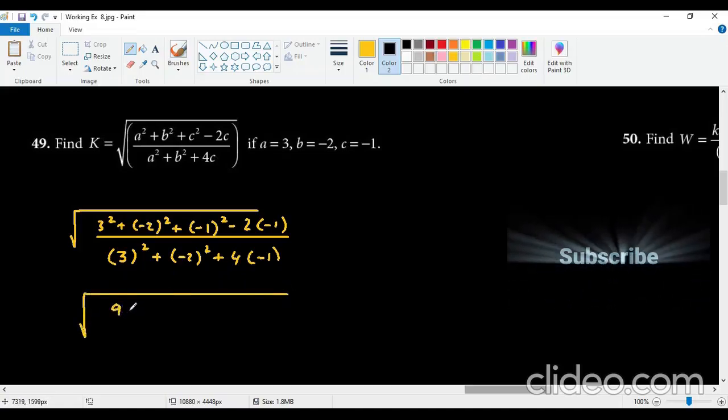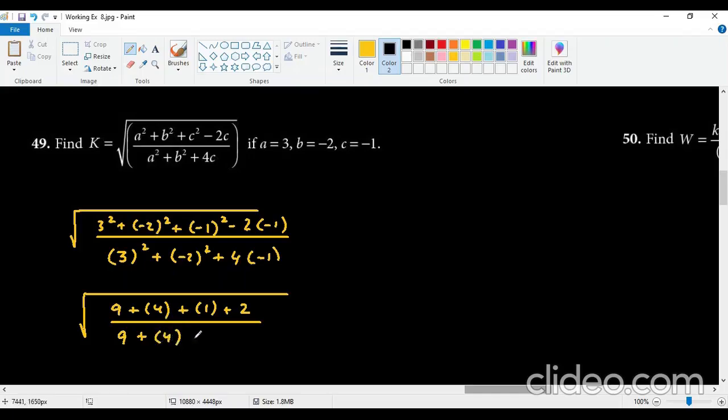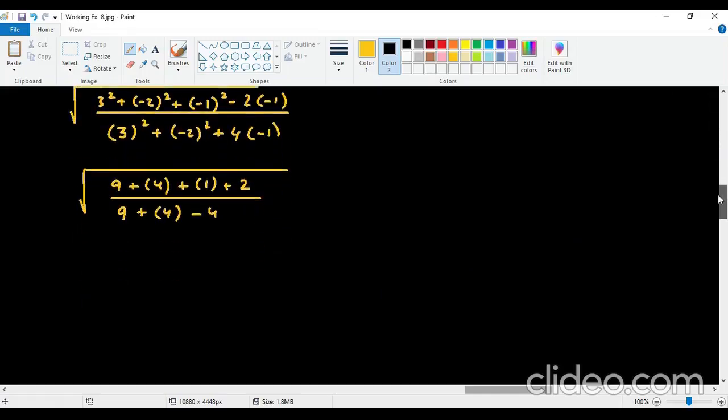Under the root, it's going to be 9, plus 4, plus 1, and minus 2 times minus 1 is going to give you a positive 2. As a denominator, we'll have 9, and minus 2 times minus 2 is going to give you a positive 4, and plus 4 times minus 1 is going to give you a minus 4.